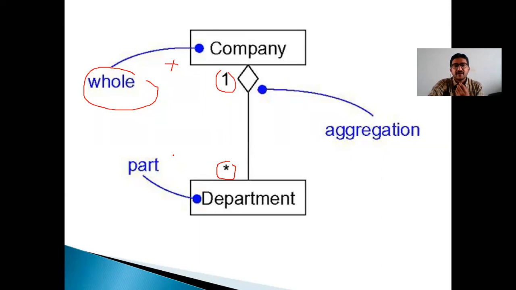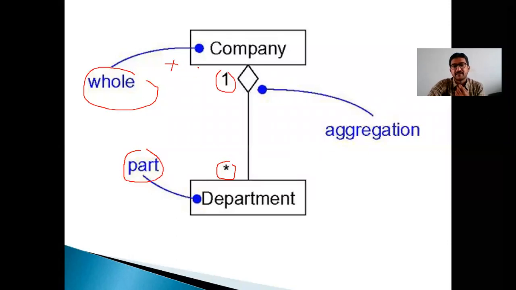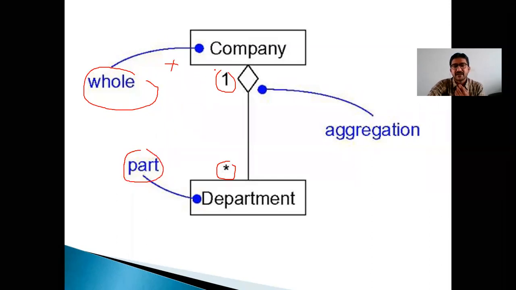For example, if any human being gets a disease or a heart attack, the damage is only to that part, but the other parts keep working together. So even if the company is not there, the departments can still exist. In that situation we can use aggregation.